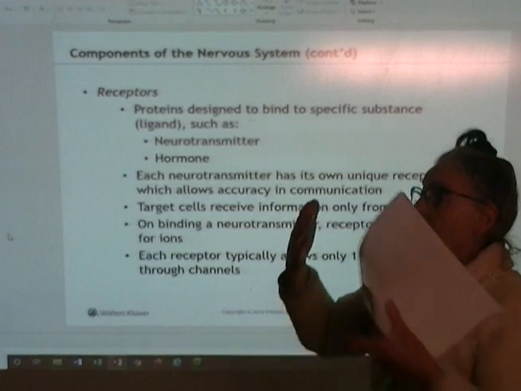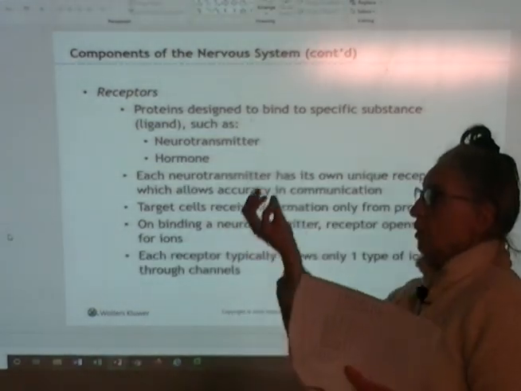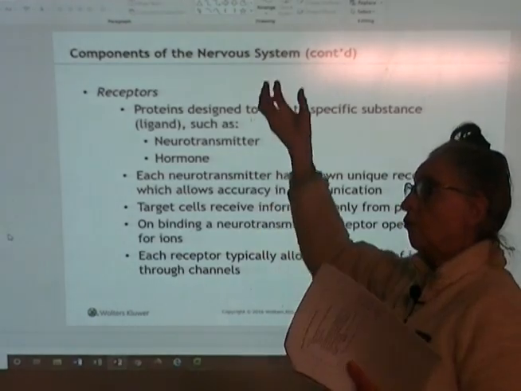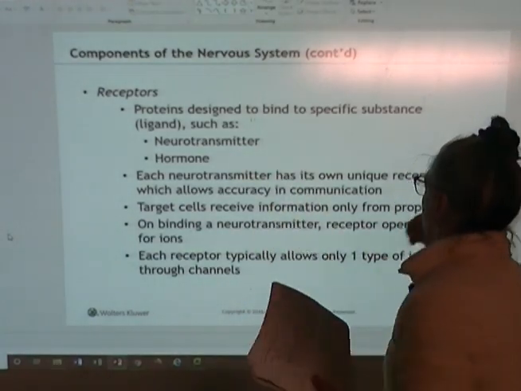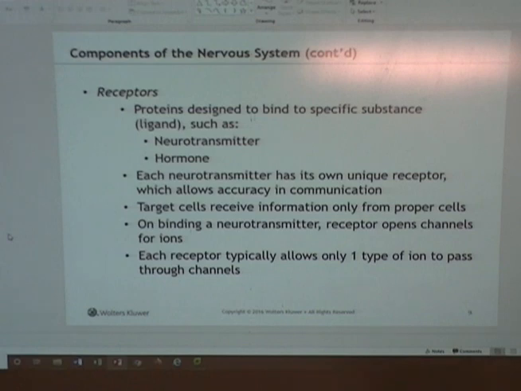So that receptor, that protein, can be a receptor for a hormone or for a chemical, but they're very unique. They will only accept the attachment by the molecule they're shaped for. Okay?